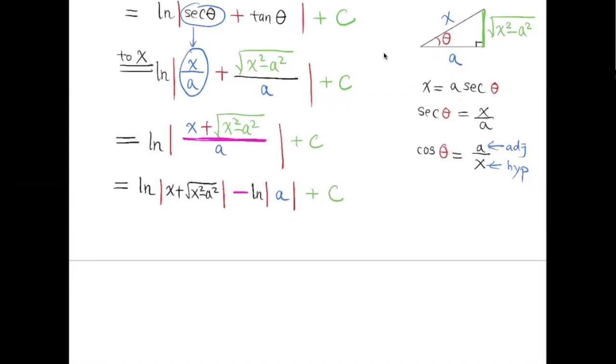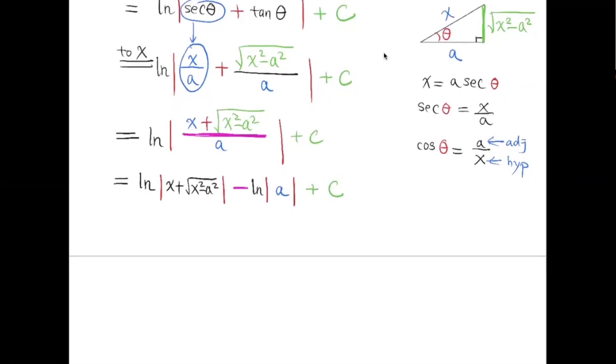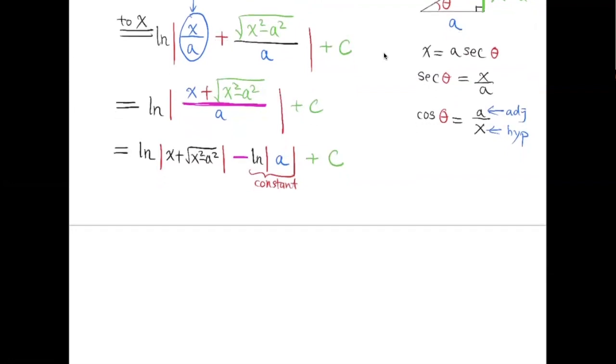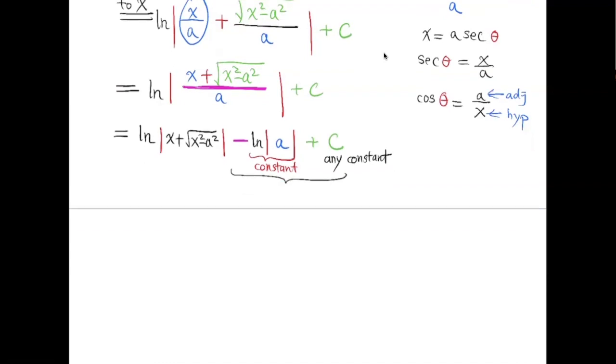Remember, ln of a here is just a constant, because a is a positive constant, and the C here is any constant. So when you combine these two together, you just get another constant.